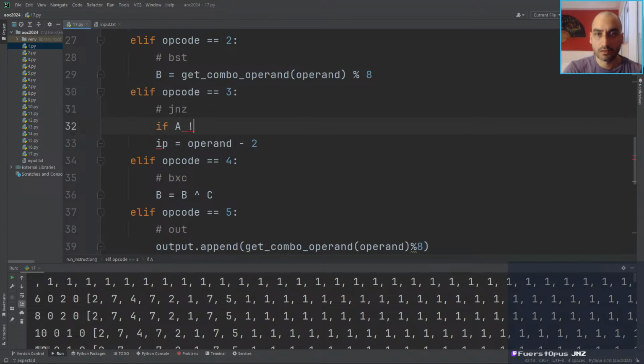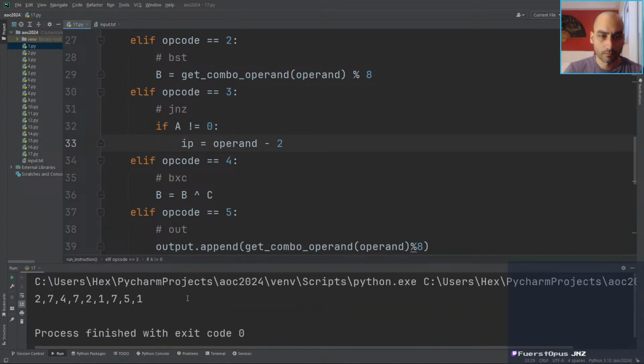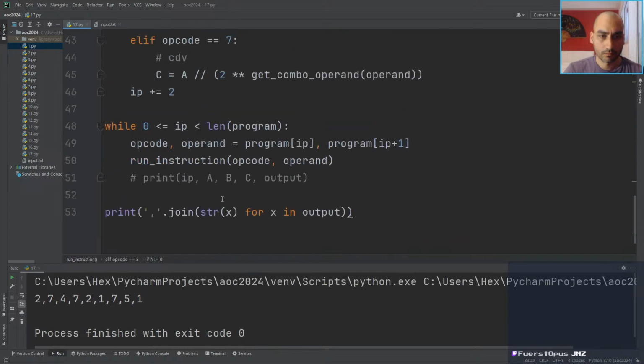If A not equal to 0. All right, that looks like something.